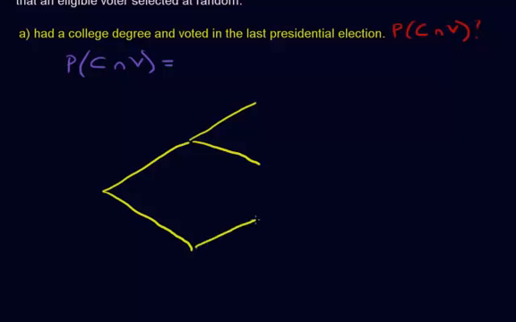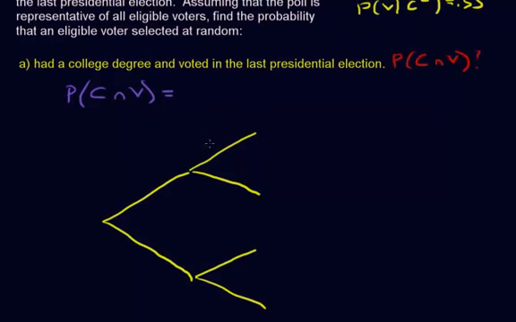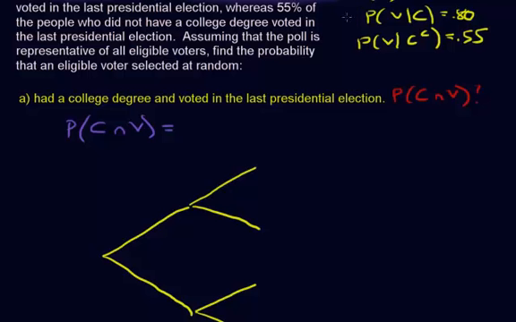Now, which one is the first one? Is it college or is it voting? You've got to remember that this branch right here represents some event occurring given that you've already gone up a branch here. Well, if you come back up here, what does this say?